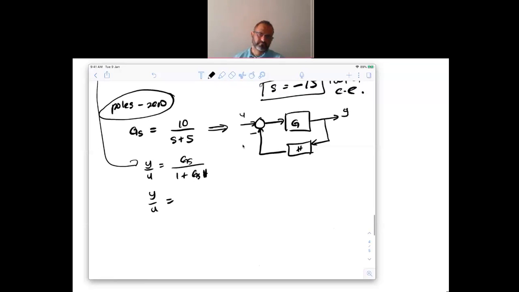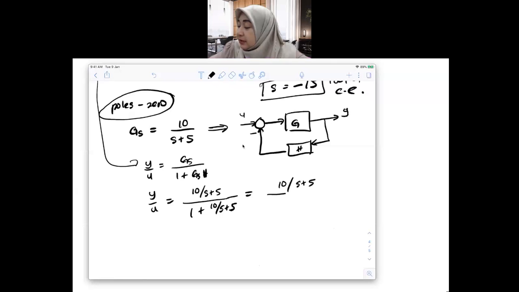So you can do the simplification, but if I put all of them together, 10 over s plus 5 over 1 plus 10 over s plus 5, multiplied by 1, that will give me 10 over s plus 5 divided by s plus 5 plus 10, the whole plus 15 minus 15, s plus 5.